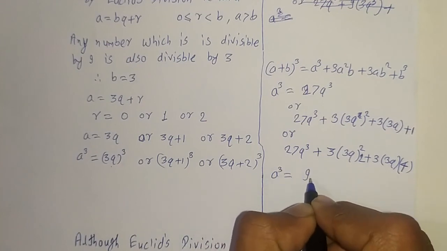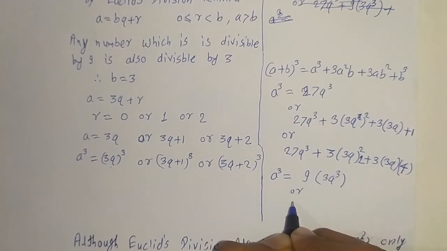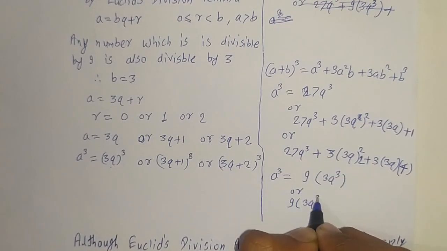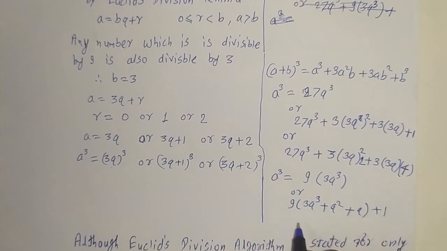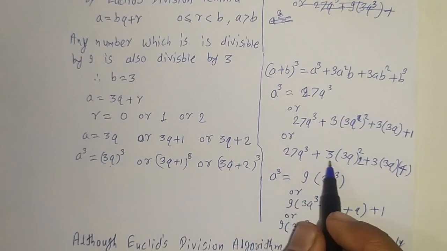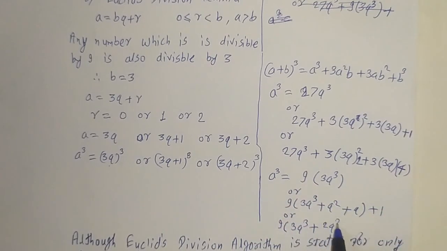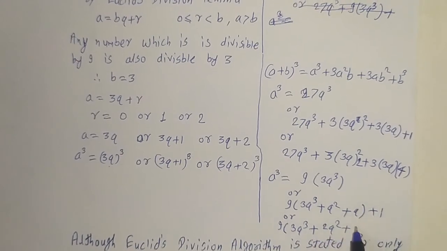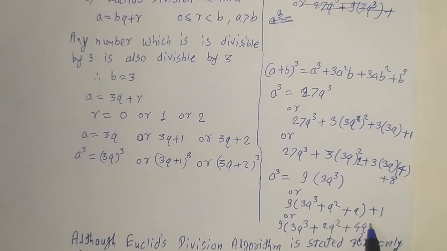A cube equal to 9 into 3q cube, or 9 into 3q cube plus q square plus q plus 1, or 9 into 3q cube plus, take common 9 from this equation, 3q, you will get 3q cube plus 2q square plus 4q, here you have 8 also, plus 8.